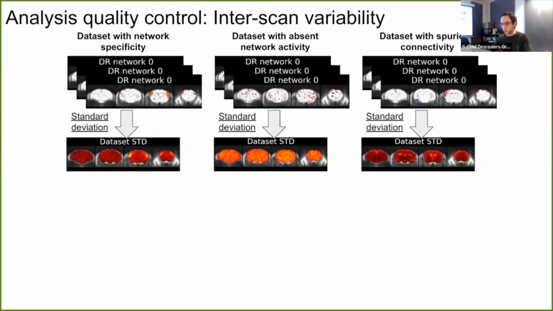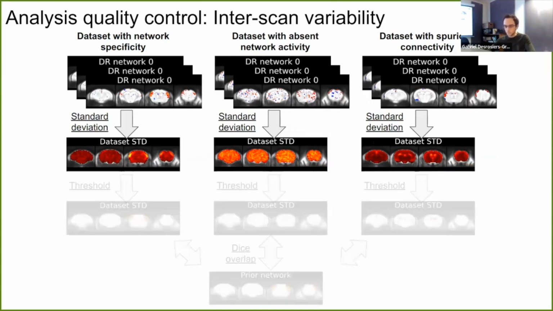In contrast, for other data sets, such as some where there's no obvious evidence of network activity that was measured, the standard deviation map tends to be completely random. And in other cases where there's spurious connectivity with heavy corruption of the scans, the inter-scan variability tends to be completely driven by other sources that are not specific at all to the network. So this is a very useful metric for distinguishing between different quality outcomes.